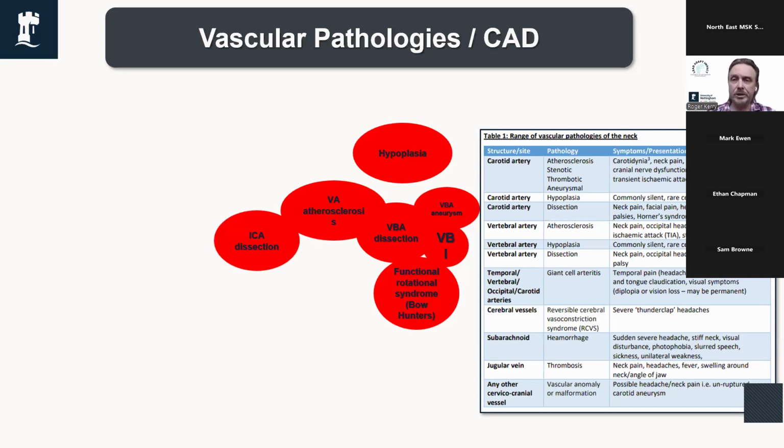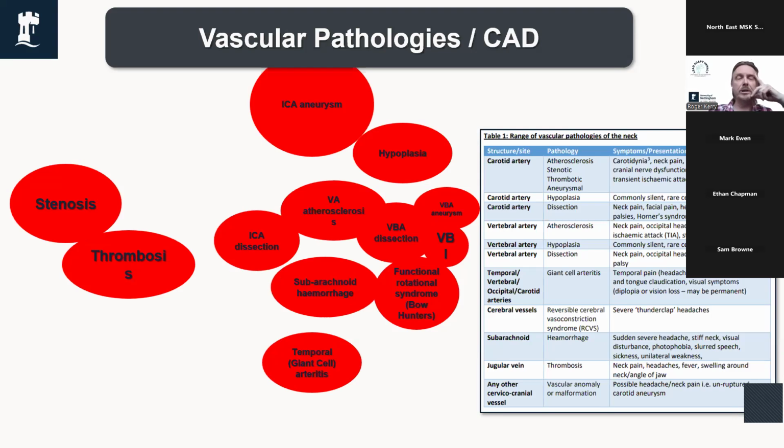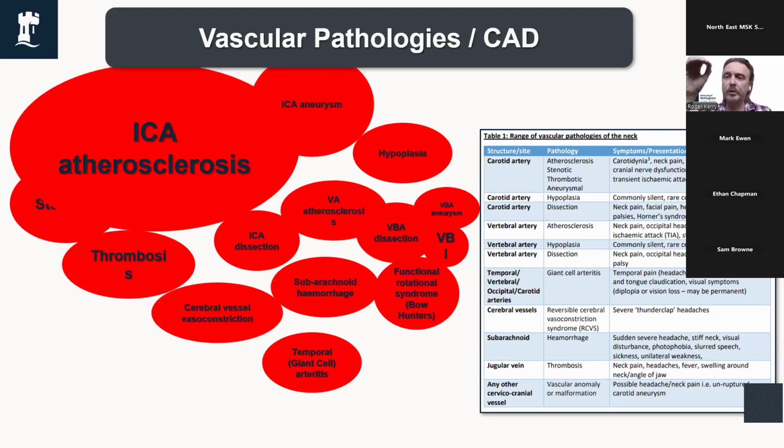Then we move on to the internal carotid artery, which has more common pathologies affecting that vessel. Dissection, thrombosis, stenosis, aneurysm. Subarachnoid hemorrhage is conceptually different in terms of its medical management, but it can still present in similar ways to what we're talking about. Extracranial presentations like temporal arteritis, cerebral vessel vasoconstriction, but the most common thing you're likely to see that may present as head pain is internal carotid artery atherosclerotic lesion.